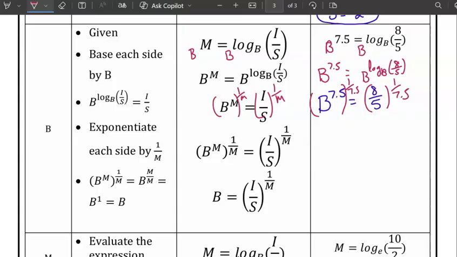By the power over power rule, these are going to cancel out. And you're left with b equals 8 over 5 to the 1 over 7.5 power.